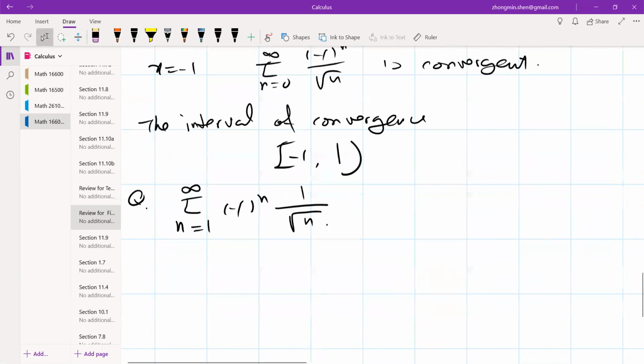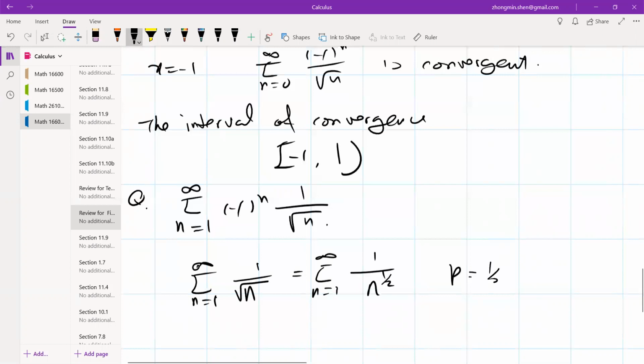And it's obvious it's not absolutely convergent by the p-series test. Why is it not absolutely convergent? Because this is divergent. Come on, everybody knows that. If p is less than or equal to 1, it is divergent.